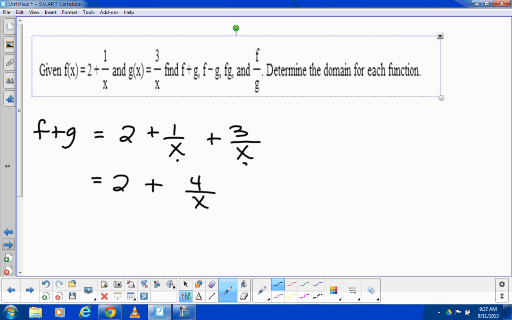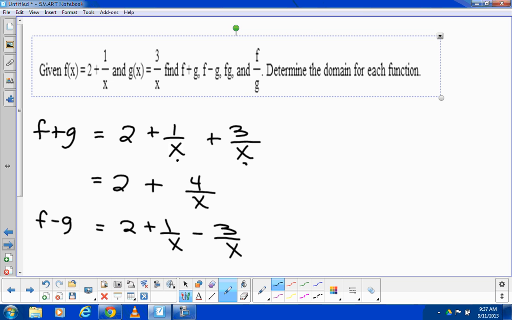Now let's look at f minus g. This is not going to be much different. So this would be 2 plus 1 over x. Now this time it would just be minus 3 over x.